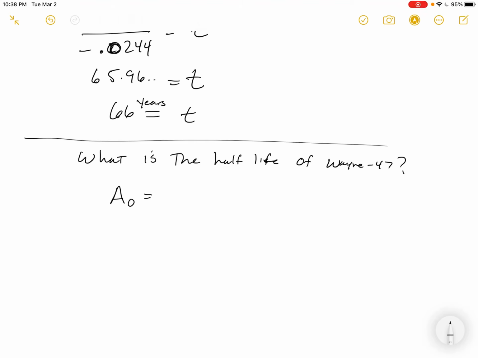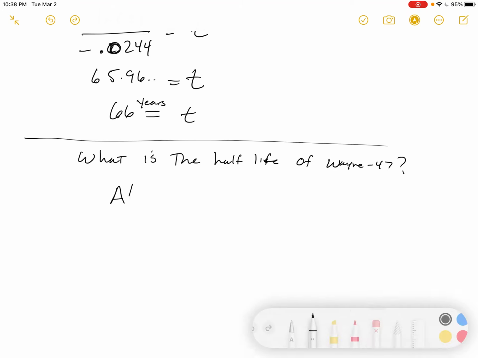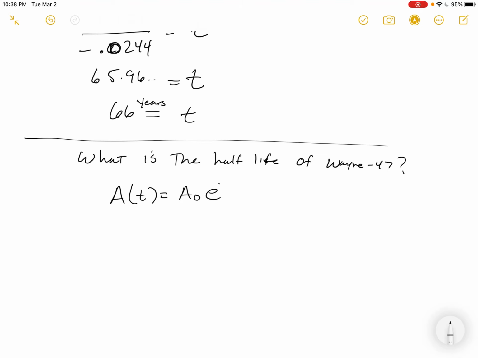Remember, our formula is A sub t is equal to the initial amount, e to the negative 0.0244t. Now we knew our initial amount, so we might as well use that here to help everybody out. Now what's half of it? That's what they're asking. The half-life is a time. So asking for the time to get half of it.